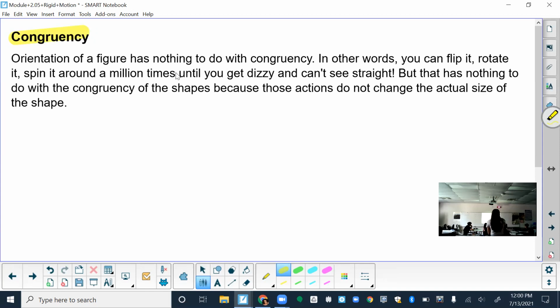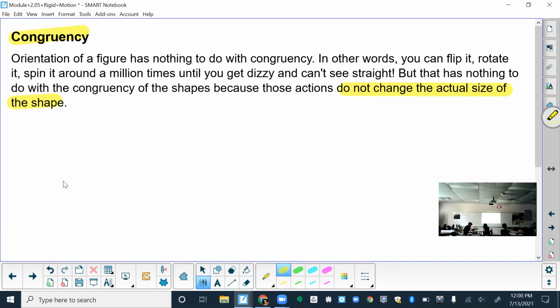You are completing those steps, but those steps do not change the actual size of the shape. So the ratios are still exactly the same. The side lengths and side measurements are exactly the same. Just because you translated something doesn't mean that those images aren't congruent, and vice versa.